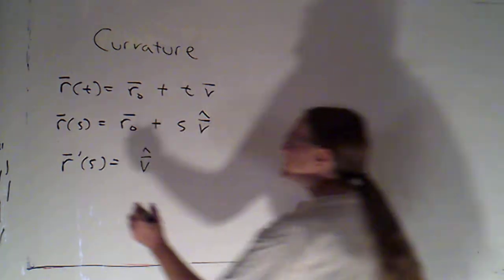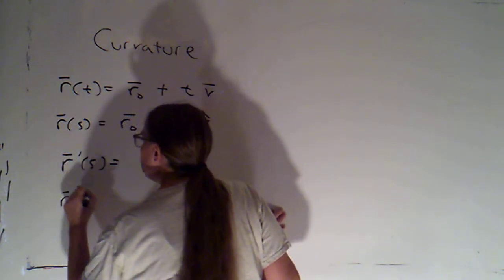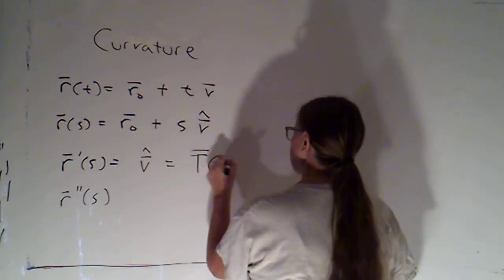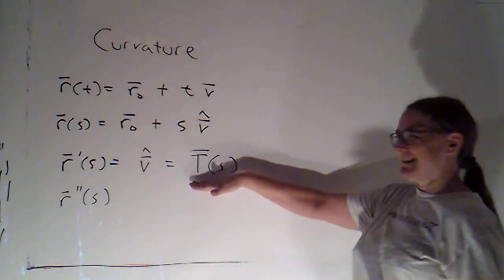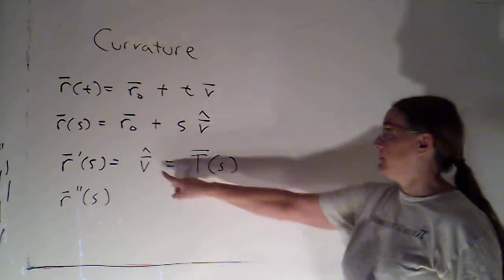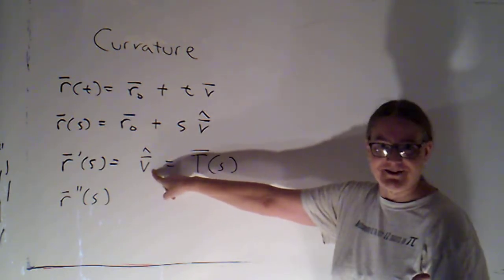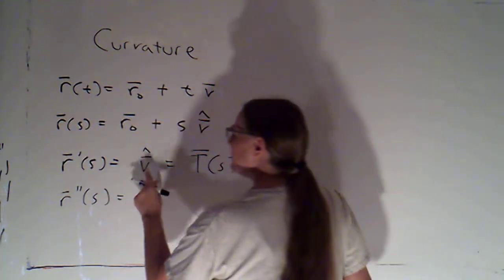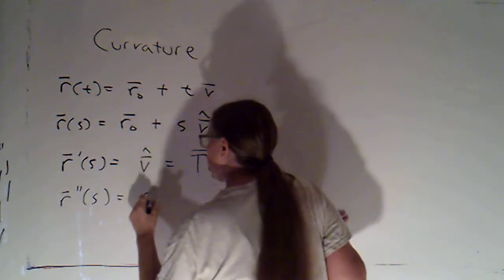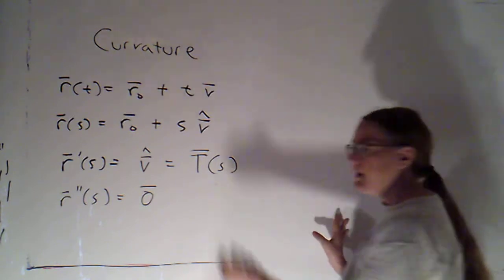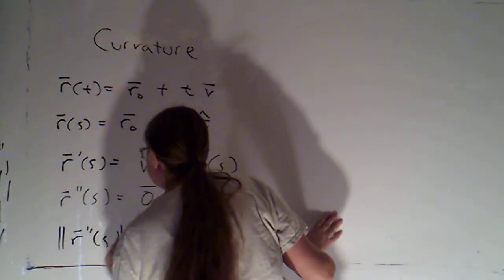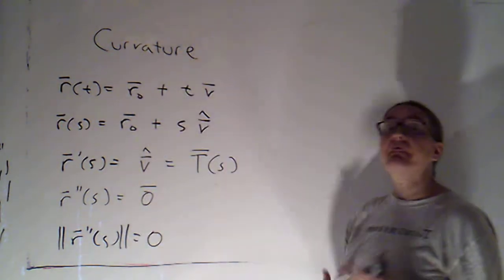Okay, so then r double prime of s, and by the way, just to remind us, r prime of s is the same as the unit tangent vector, T hat, it's a unit vector. Works out, great. So r double prime of s, well, that's the derivative of a constant, which is 0. The magnitude of r double prime of s is therefore 0, the number.